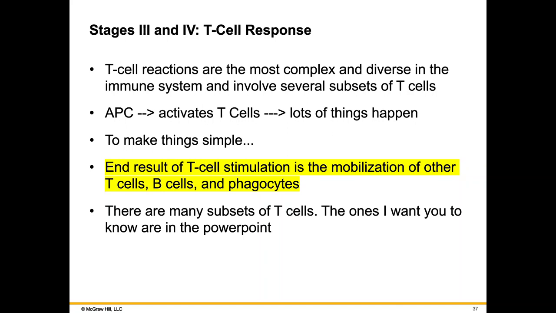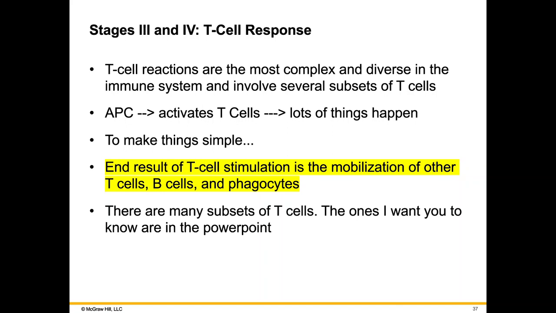So let's review for a moment. We said an APC, the antigen presenting cell, is going to engulf a pathogen. It is then going to present it to that T cell by displaying it on its MHC class 2 molecules. The T cell is then going to receive that epitope that it is being shown by the APC, and then lots of things happen.